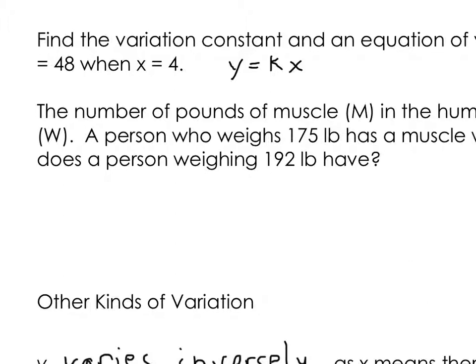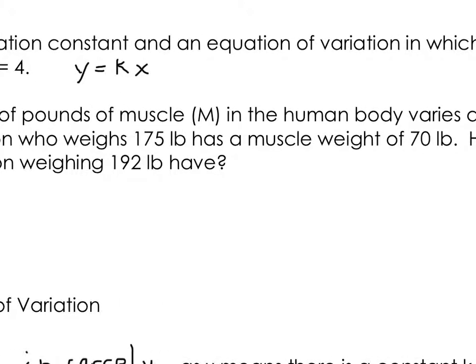Now it tells us y is 48 when x is 4. Let's put 48 in for y, and x is 4. What is k? We don't know. But since we know that y is 48 when x is 4, can we find k?